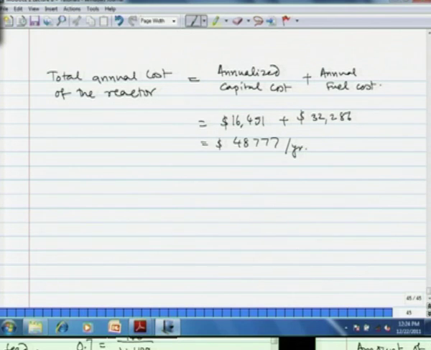Now, having done these calculations, we have to determine the economic potential of the process at level 3.